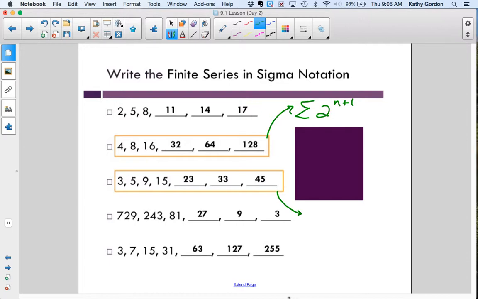So sigma is going to go out in front. What's the variable that's being used in my function? N. Which term are we starting with? The first one. And how many terms are we adding up? 1, 2, 3, 4, 5, 6.